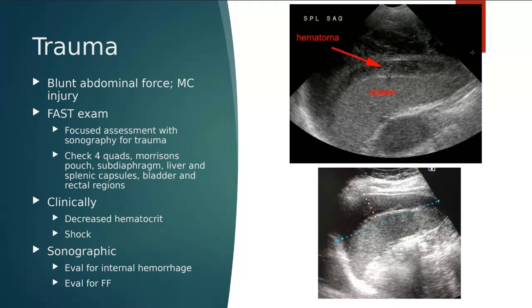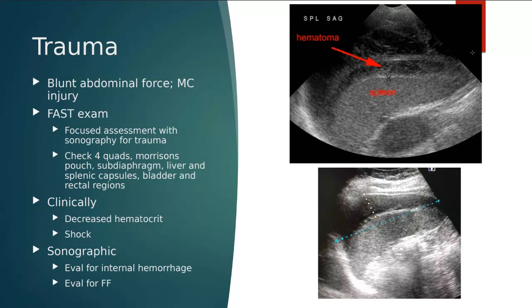In the emergency room, physicians and providers are slowly being trained in what we call FAST ultrasound or FAST exams or assessments. It stands for focused assessment with sonography for trauma. We're teaching these trauma doctors to look for internal bleeding in specific regions of the abdomen, and that's going to indicate how severe that trauma is for that patient.